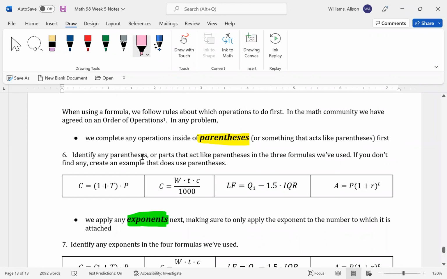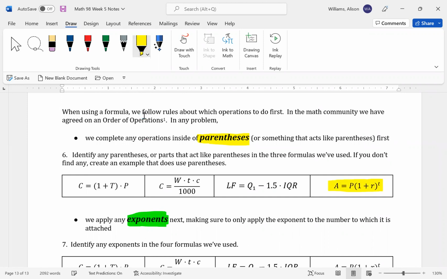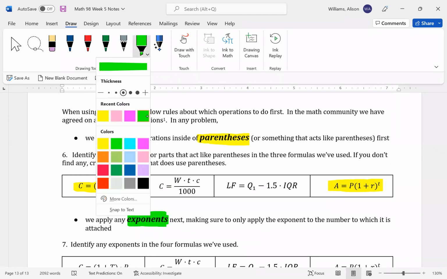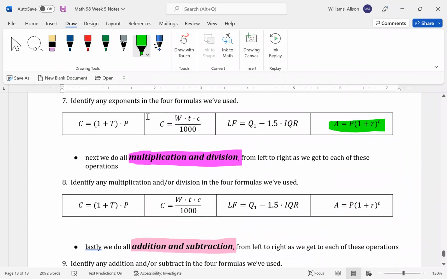Okay, cool. So then they're like, okay, now that you know the order of operations, let's identify formulas that use parentheses. So this last formula had parentheses, and so did the first formula. In both of those cases, we use parentheses. Exponents. Well, there's actually only one formula we use that had exponents. That was the last formula. So this one. Multiplying and dividing.